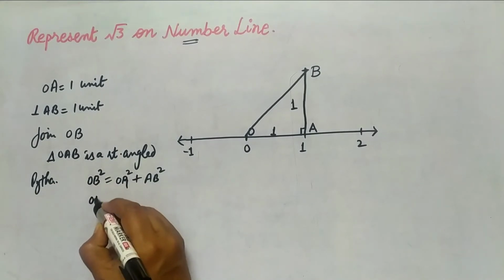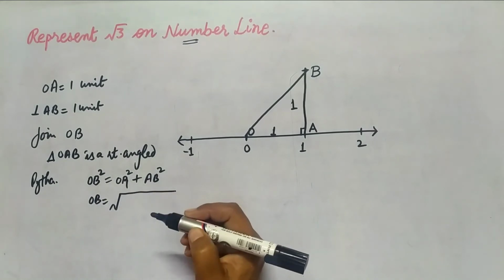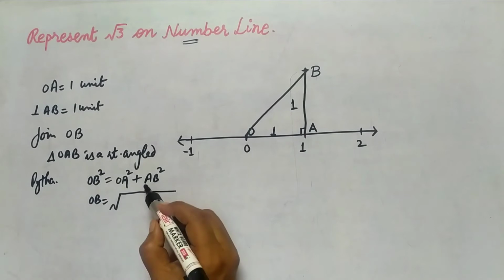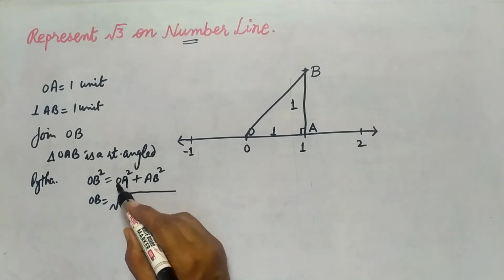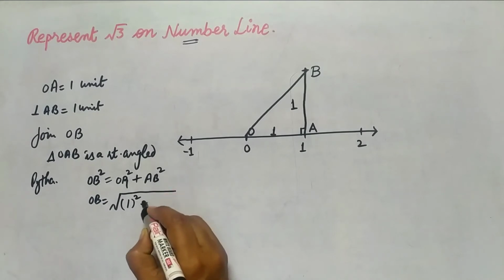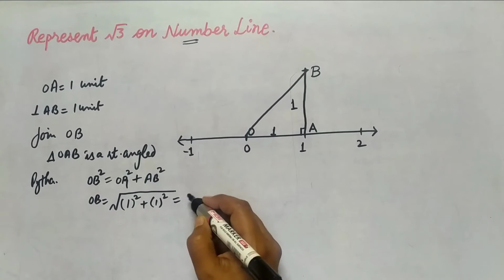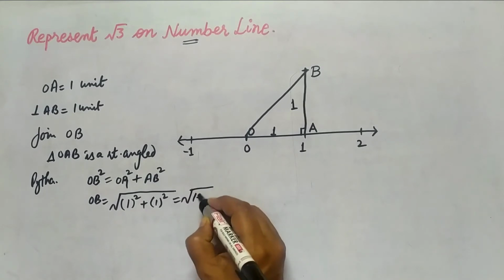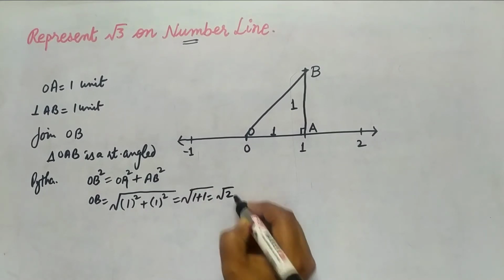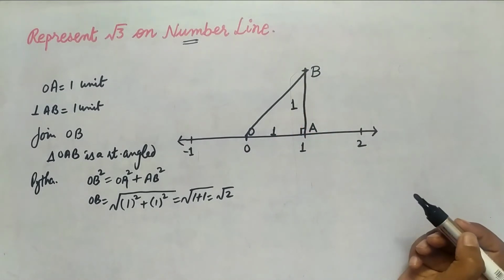So OB will be under root of these two squares. OA value is 1 unit, AB value is also 1 unit that we have taken according to our choice. It is equal to under root 1 plus 1, that is under root 2. OB is under root 2.